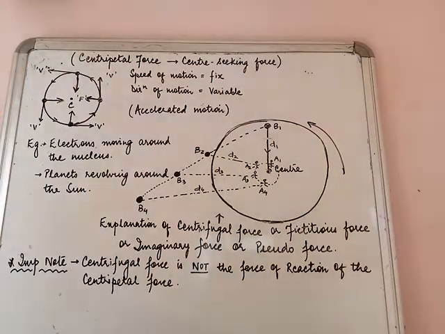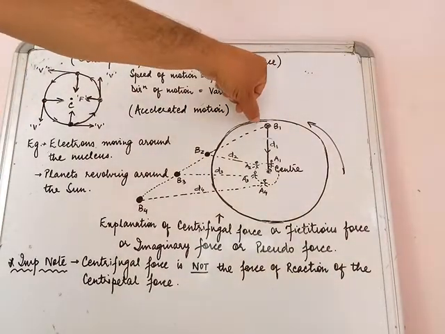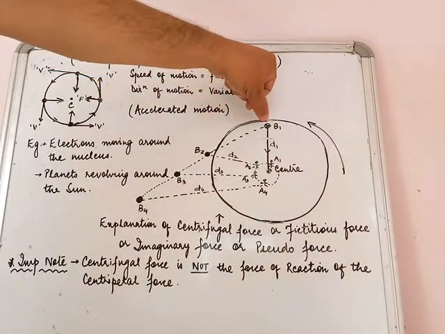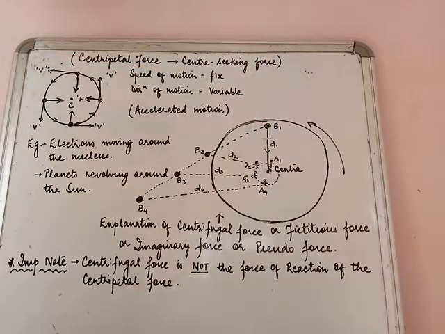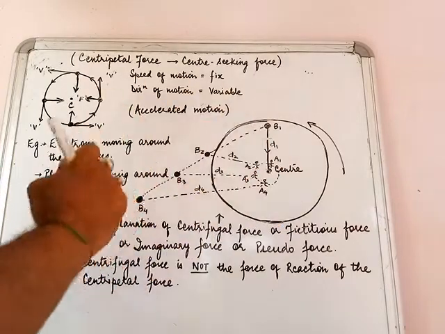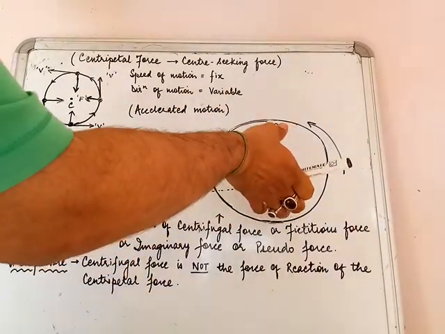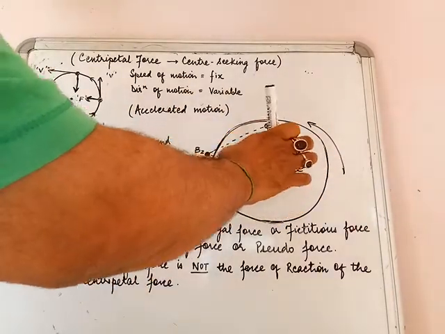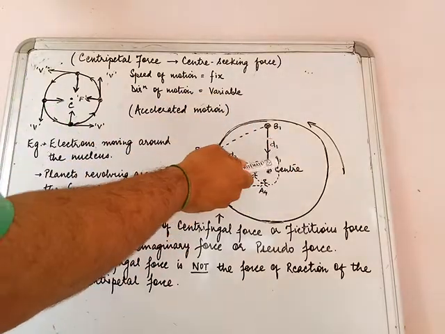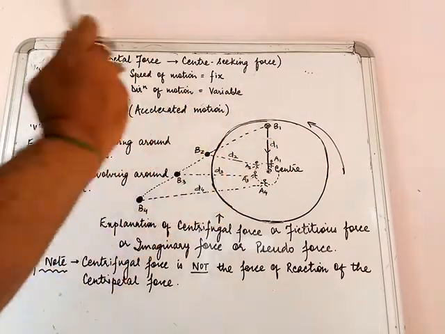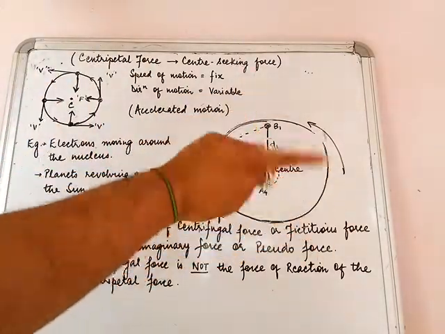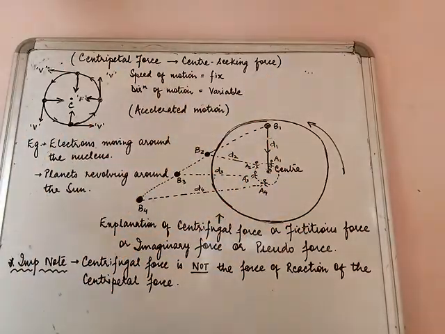Now where does it move? It moves along tangentially like this. So the ball was over here in the first instance. Now please remember that after the string has been cut, this merry-go-round is still undergoing rotation, and the man standing on the merry-go-round is still undergoing rotation. The only thing that has gone free is the ball.